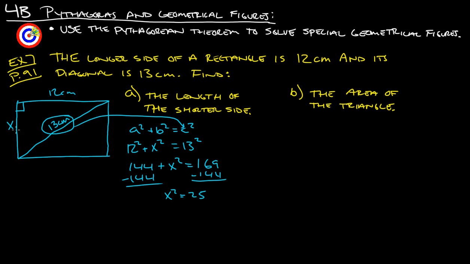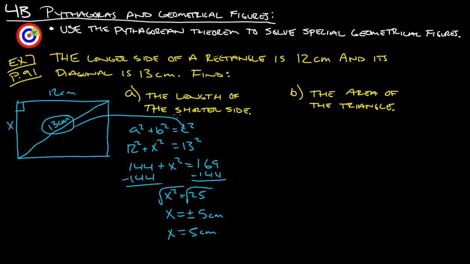Now we don't want to know what x squared is, we want to know what x is, so we have to square root both sides. And we get x equals plus or minus 5 centimeters. But again, you can't have a negative length, so x is 5 centimeters.